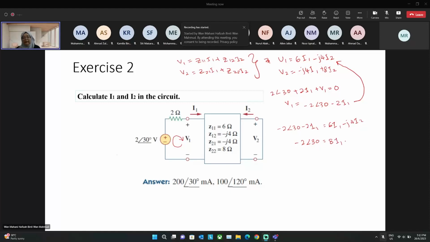So 8I1 minus J4 I2. So you dapat satu sebutan with two unknown. Okay. What about V2? V2 pun kena ganti juga. Tapi kalau you tengok kat V2 ni, dia just ada one short circuit je. So di sini membawa maksud V2 sama dengan 0 volt. So terus dia tulis 0 equals to negative J4 I1 plus 8 I2. Okay.